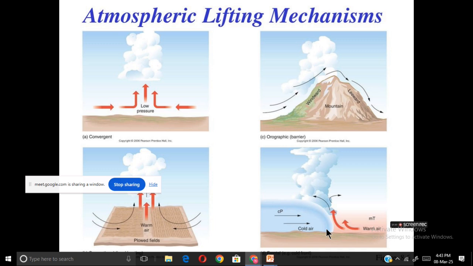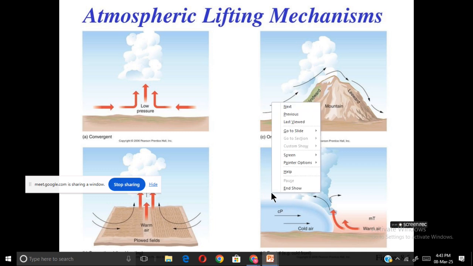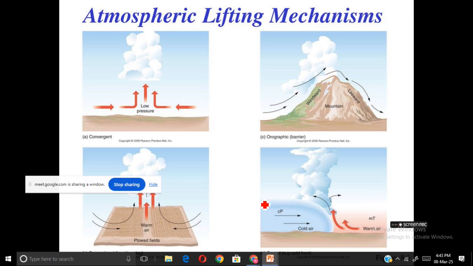The warm air will eventually rise. It can't move, because there is a hindrance caused by the cold air. Once the warm air touches it, it can't move like this, so it will start moving up and eventually lead to the formation of clouds.